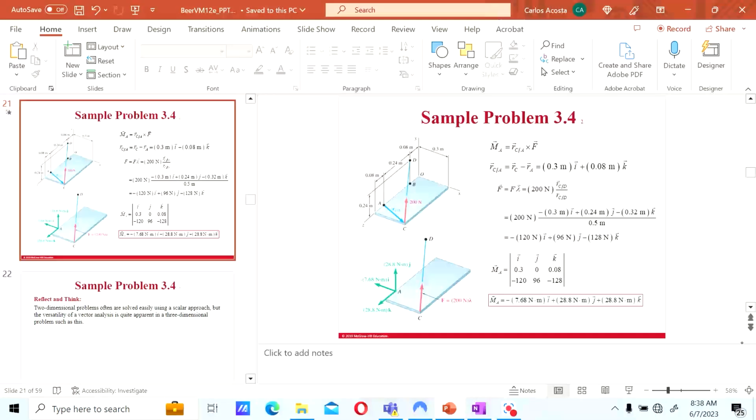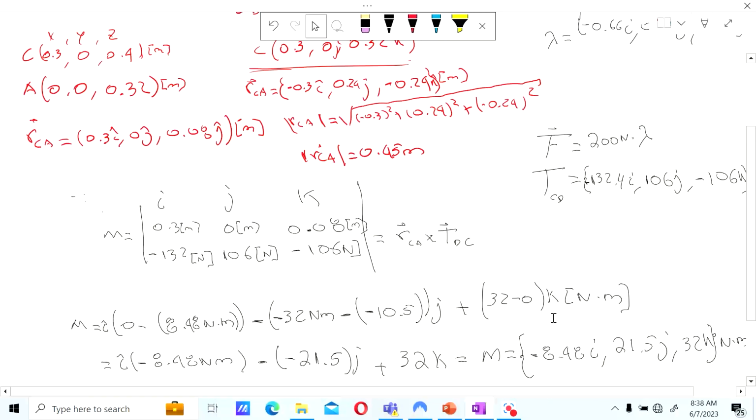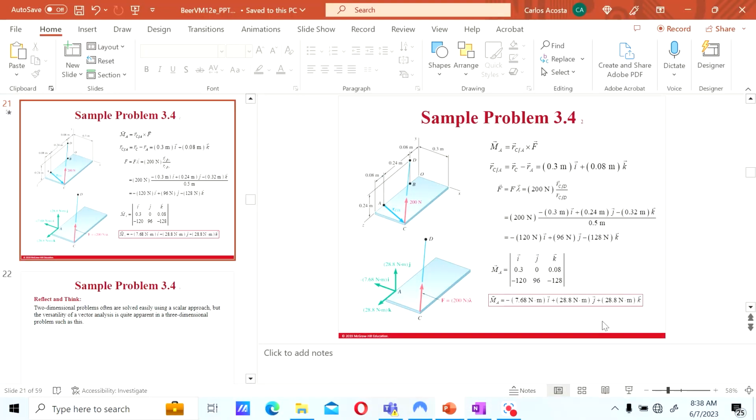And if we did everything correctly, we should have negative 7.6, well, that's close enough, plus 28, we got 21, plus 28.